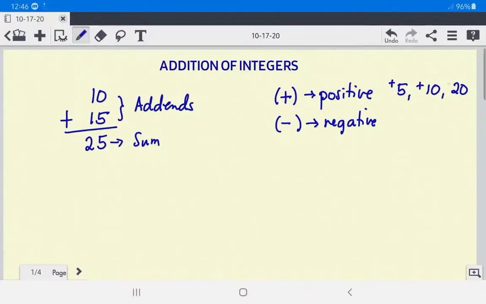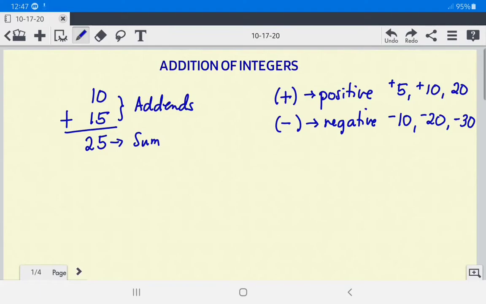There is no need for us to write the positive sign here. Then for negative numbers, we have negative 10, negative 20, negative 30.